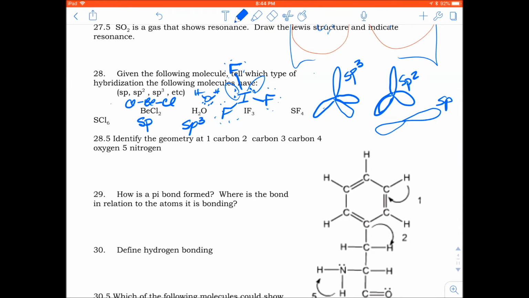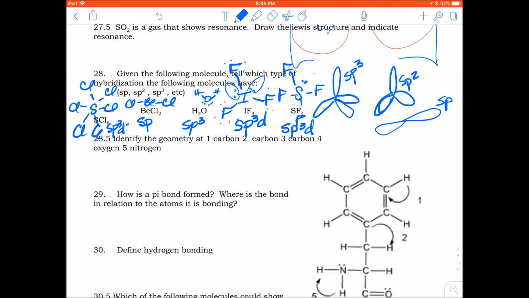You may remember that sp3 adds up to 4 areas, but those elements that are in the 3rd period and beyond can have expanded valences, so this guy would be sp3d. SF4, same story. He's going to be bonded to 4 fluorines, and he's going to have 1 extra lone pair, so he's also sp3d. SCl6 is going to have 6 bonded chlorines, so he is sp3d2.